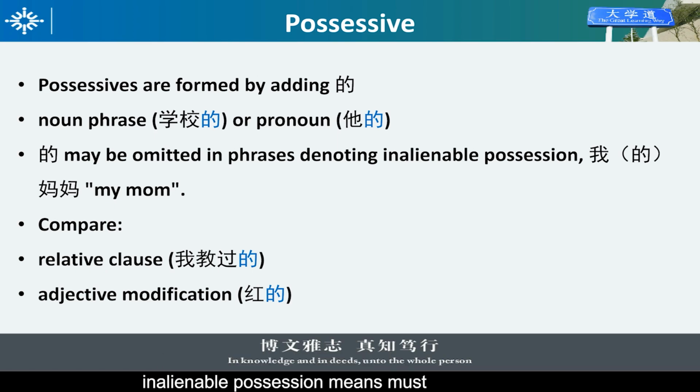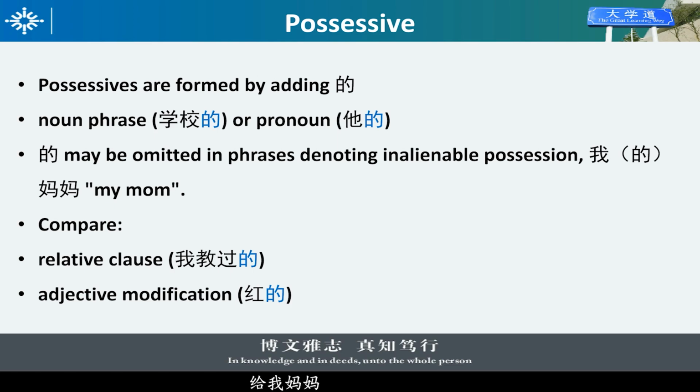Inalienable possession means it belongs to one only. For example, 我的妈妈. 我的妈妈 only belongs to me, or I am the son or daughter of her. So 我的妈妈, such de can be omitted. Similar to my mom, 我妈妈.